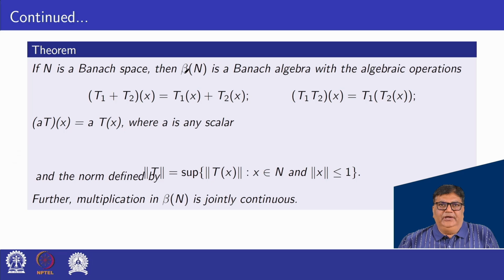Here B(N) is the set of all bounded linear transformations on the normed linear space N, and the norm is defined by norm T equal to the supremum of norm Tx such that x belonging to N and norm x less than or equal to 1. Further, multiplication in B(N) is jointly continuous.